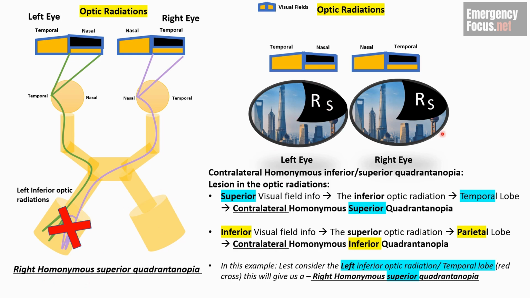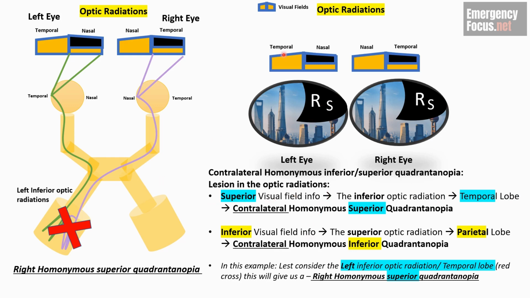Homonymous means that it's the same side of both eyes. So right, homonymous, superior, and now it's a quarter. So we call it quadrantanopia. And to take home, what is the most important thing? Through the temporal lobes, the inferior optic radiations go through, which are the ones that carry the information from the superior visual field.